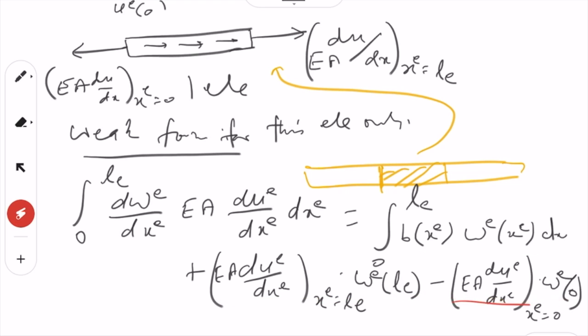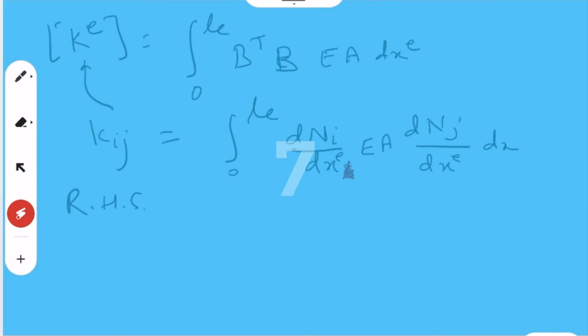So WE LE, the last one, will be basically the WEN we are talking about, and this is WE1, this one is the first one.